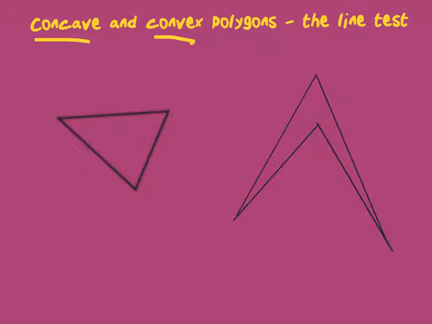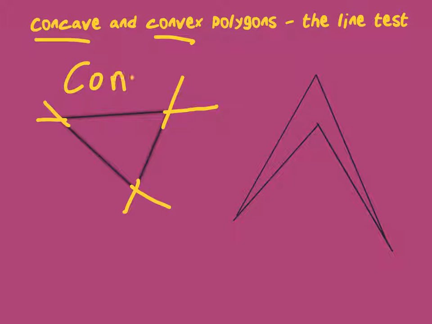If you were to take each line, so in this case the triangle, and if you were to extend those lines outwards, you can see that none of those lines go through the middle or the inside of the polygon. If that's the case, then this is a convex polygon.